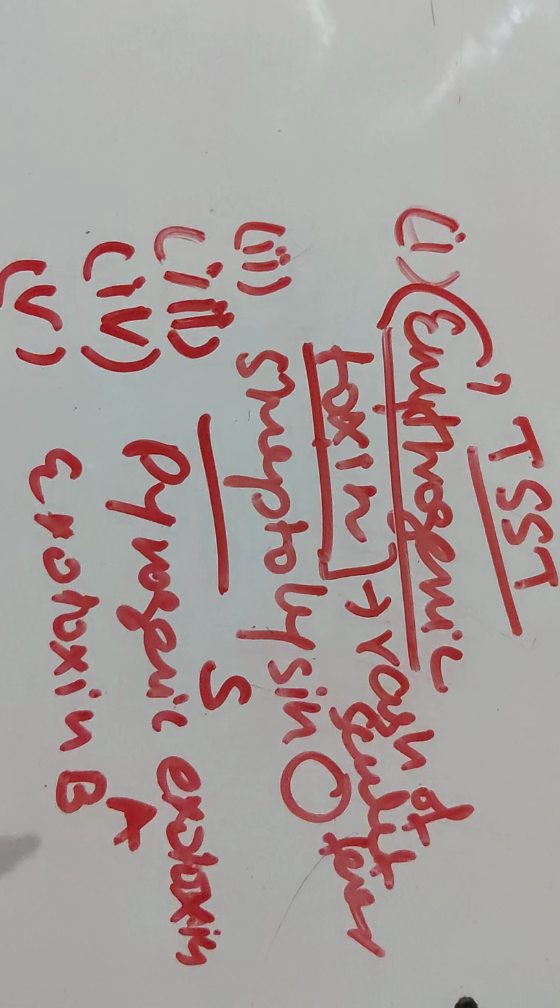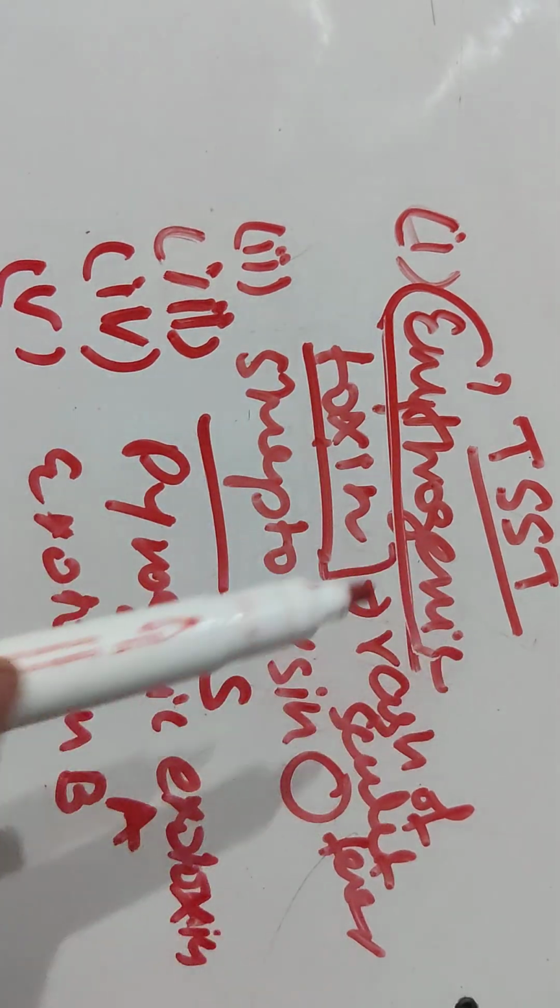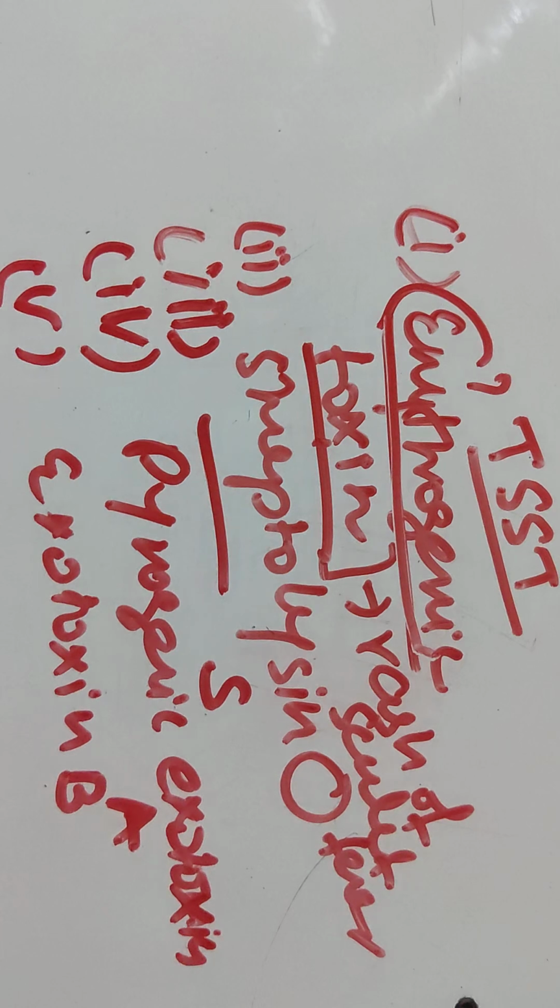It is produced only by certain strains of Streptococcus pyogenes lysogenized by a bacteriophage carrying the gene for the toxin. Remember that erythrogenic toxin is produced only by certain strains of Streptococcus pyogenes that are lysogenized by a bacteriophage carrying the gene of the toxin.